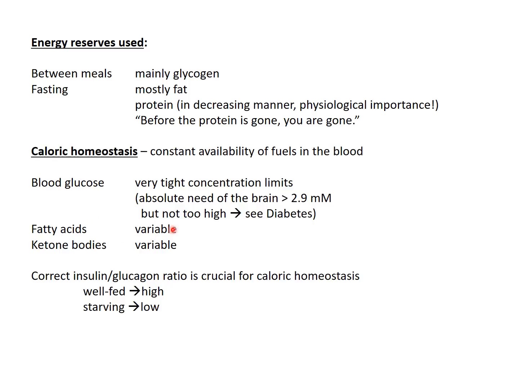The fatty acids have a variable source depending on whether you have eaten, or you are between meals, or you are in the fasting starvation mode when a lot of fatty acids will be released by the adipose tissue. And ketone bodies also are a very variable source. Nothing is there until you have enough glucose, but when the glucose level is dropping, then ketone bodies start to be produced.